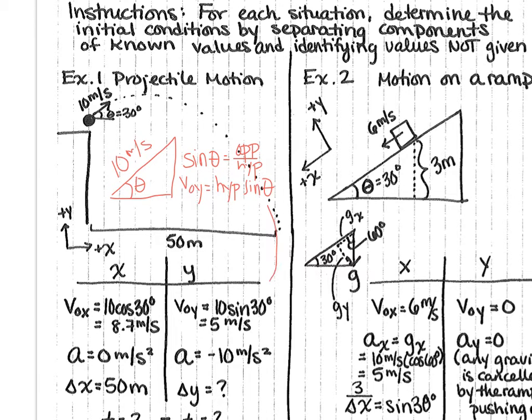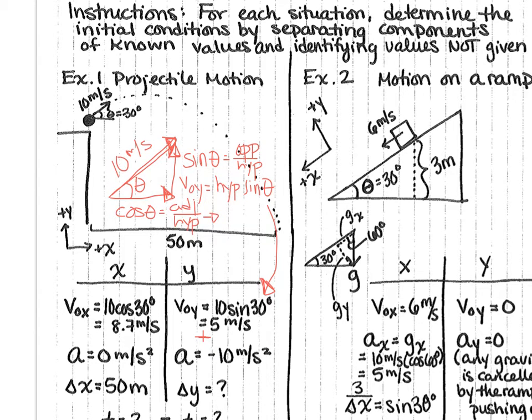And you can see that work down here. The y component of my initial velocity is 5 meters per second, 10 sine theta, and it's positive. My x component can be found because cosine theta is adjacent over hypotenuse.